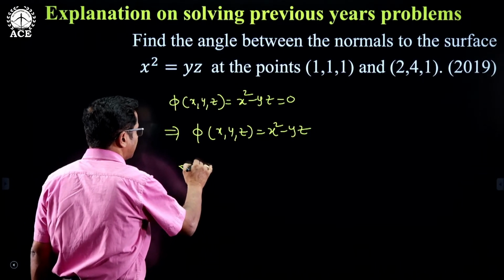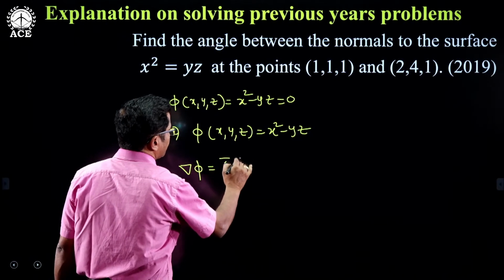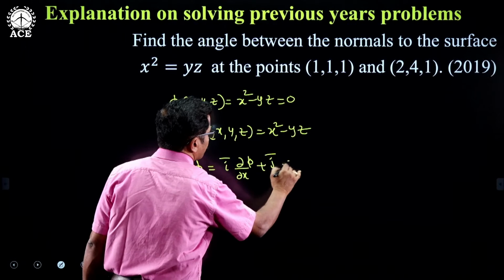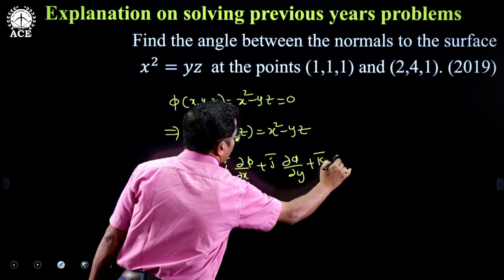First you find out del phi. So del phi equals i bar into dou phi by dou x plus j bar into dou phi by dou y plus k bar into dou phi by dou z.